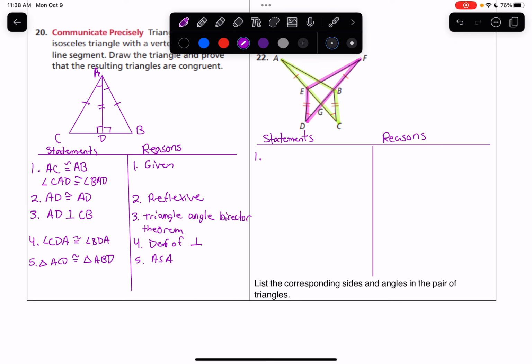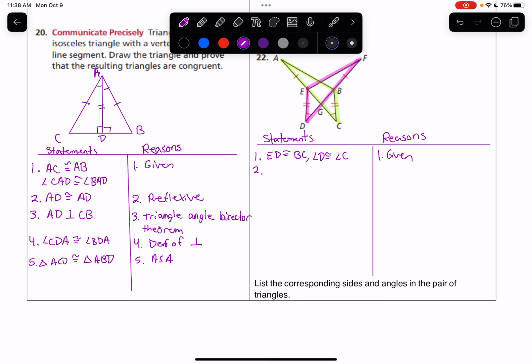I'm going to start by proving that these small triangles are congruent to one another. So I'm going to say that ED is congruent to BC, and angle D is congruent to angle C, and that is given.